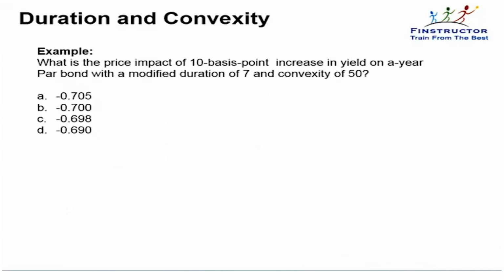Let's do an example. What is the price impact of a 10 basis point increase in yield on a par bond with a modified duration of 7 and a convexity of 50?